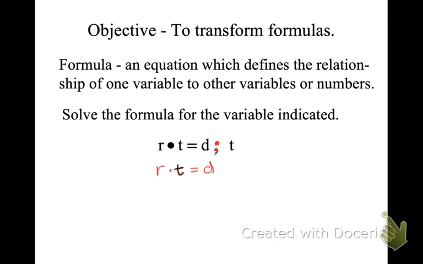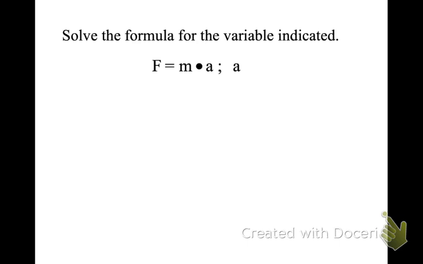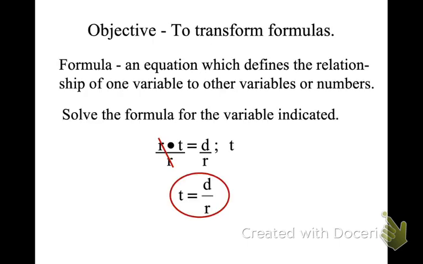Since the r is multiplied, I have to do the inverse operation and divide by r. And then t is equal to distance over rate. So now t is given in terms of d and r, is the language that we use.